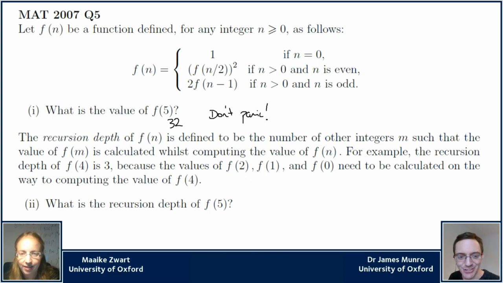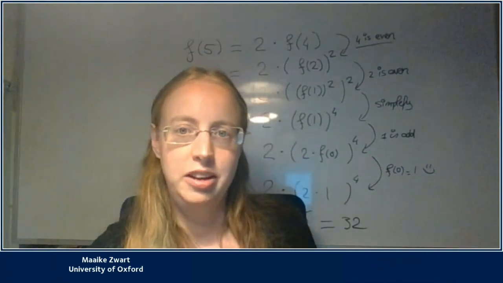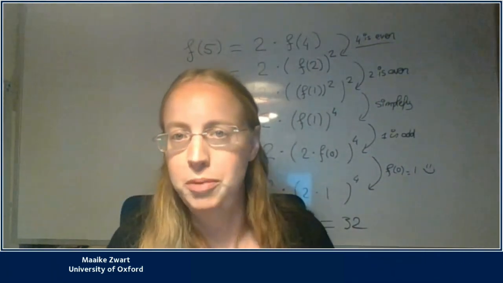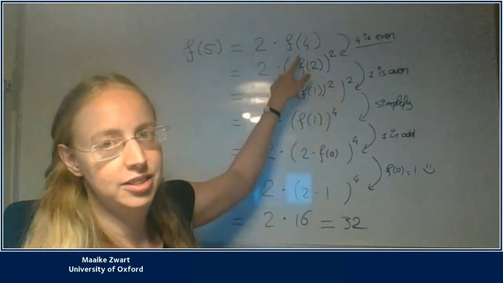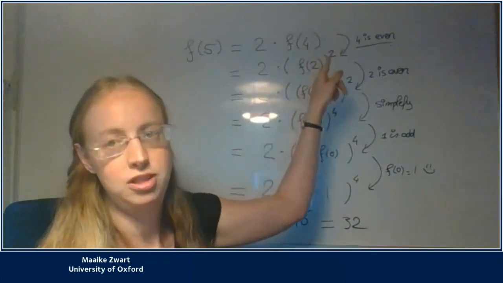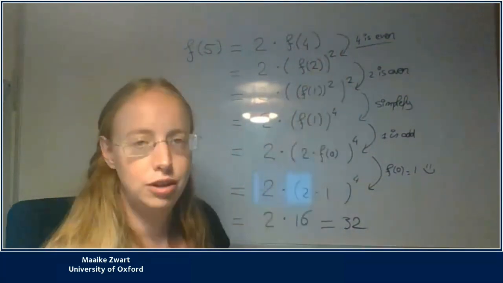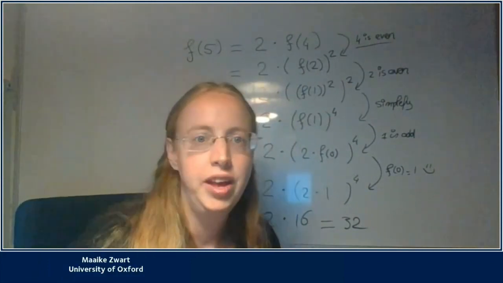Do you want to show us on the whiteboard? Yeah, so the recursion depth is really the calls you make. So here we said f of 5 is something times f of 4. So there we're calling the function again with a new value. And the recursion depth is saying how many times we do that.